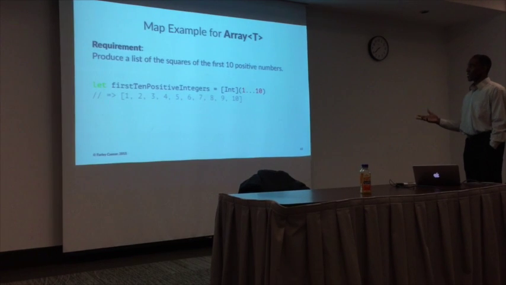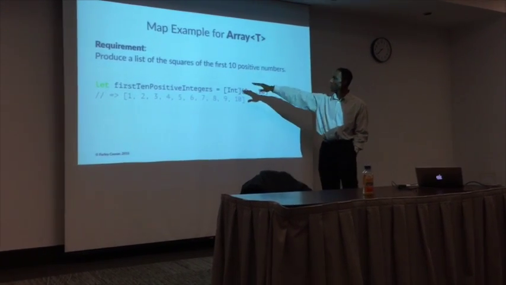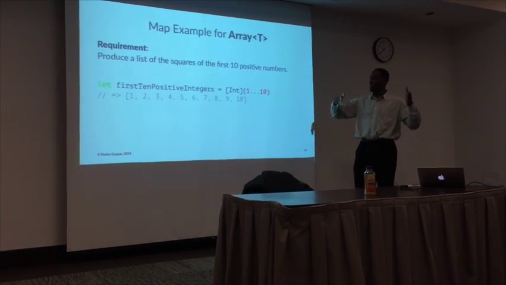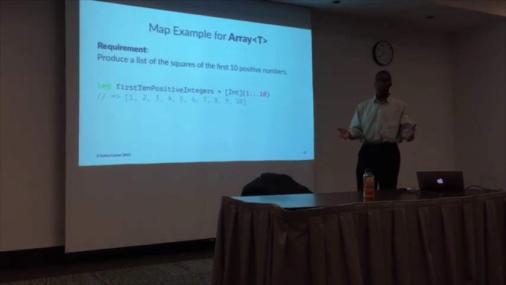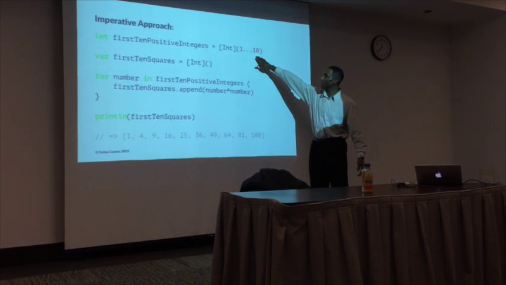So let's give a quick example of map, right? Let's say we have a requirement that says produce a list of the squares of the first 10 positive numbers. So we're saying take the first 10 positive numbers and square them and give me what that list is, okay? So there's the imperative approach that most of us would do, which is I'm going to create my first 10 positive integers.